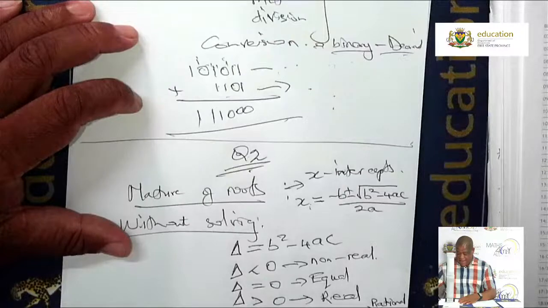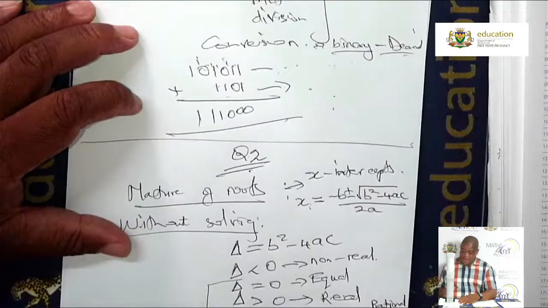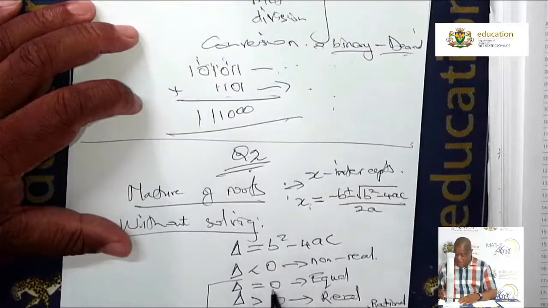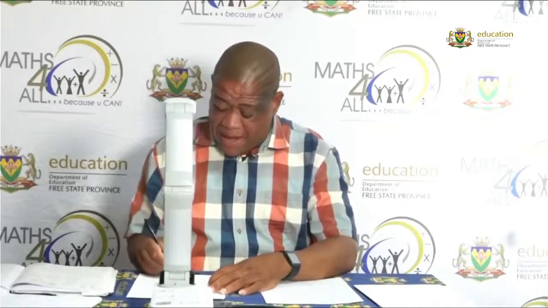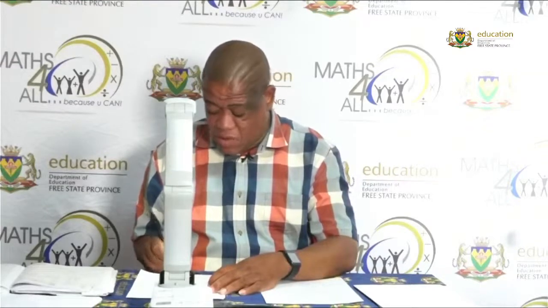And if we are looking at these ones, equal to zero, the roots are real, even though they are equal. Greater than zero, they are also real. Therefore, we can combine this and talk of our discriminant being greater than or equal to zero.